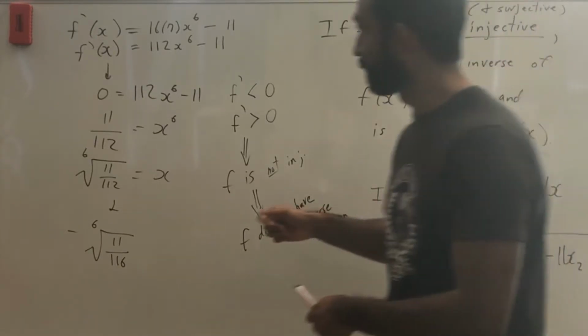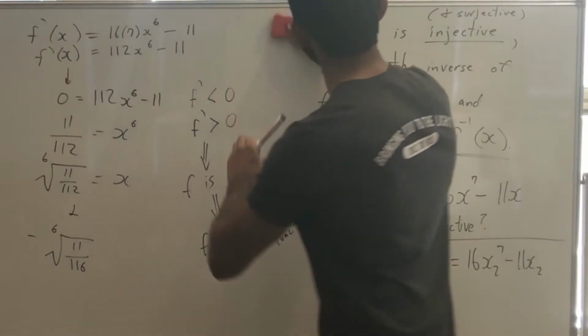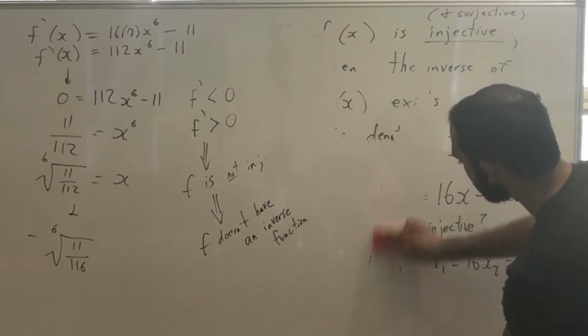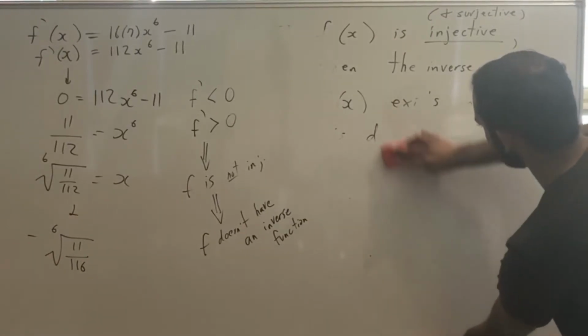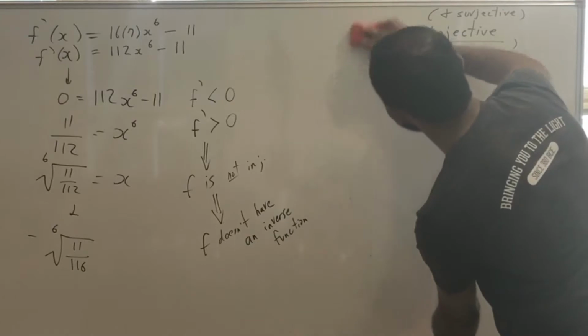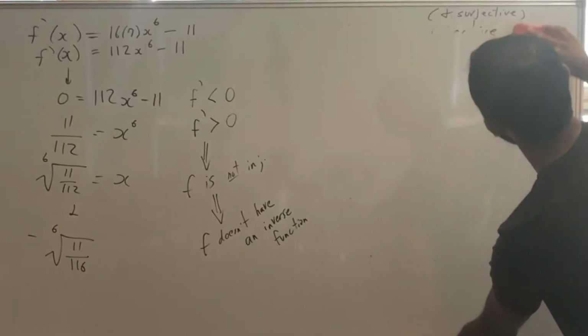In fact, if you were to try to graph this thing, it ends up looking kind of like a sine wave, but a sine wave that isn't bounded by anything. There's one repetition of a sine wave.